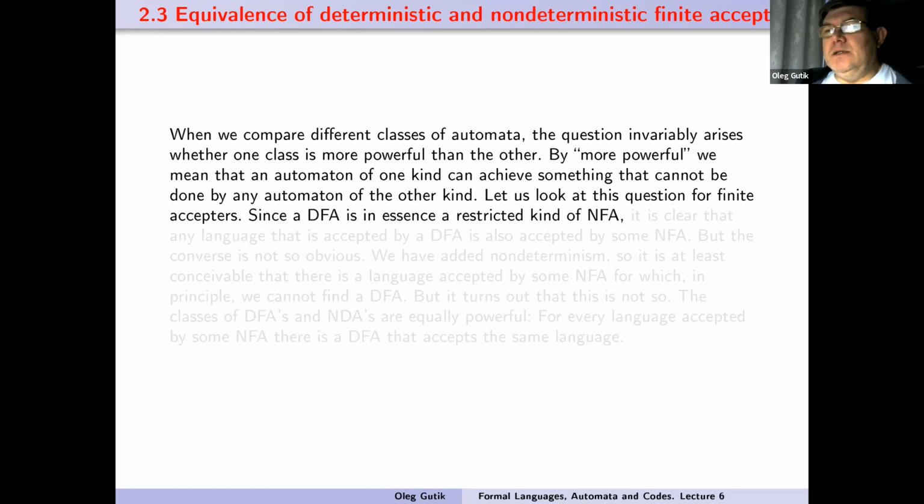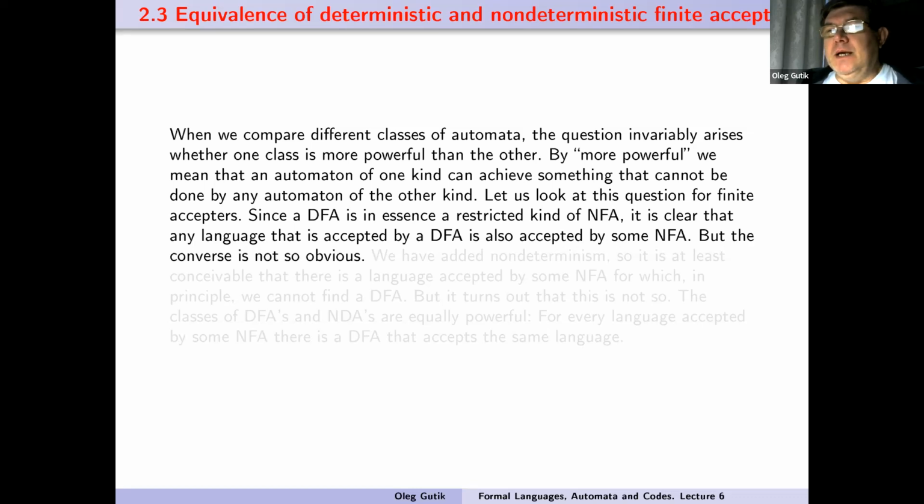Since a deterministic finite acceptor is in a sense a restricted kind of non-deterministic finite acceptor, it is clear that any language that is accepted by a deterministic finite acceptor is also accepted by some non-deterministic finite acceptor. But the converse is not so obvious.